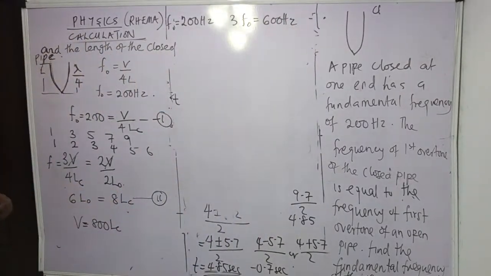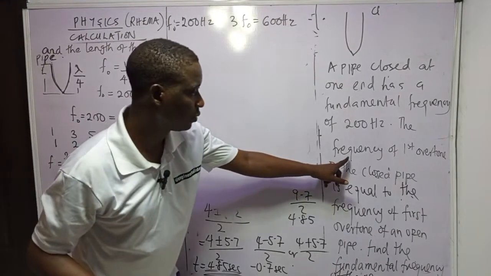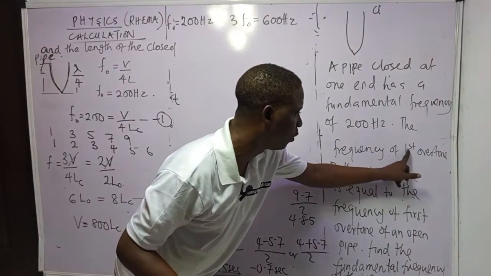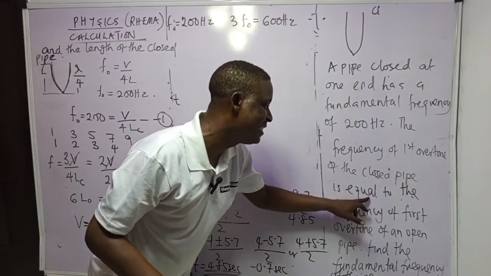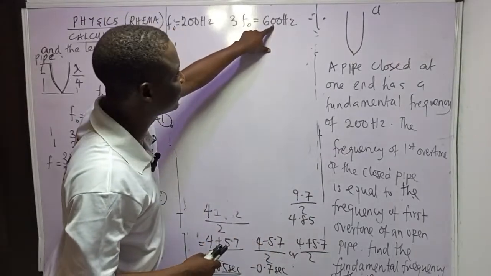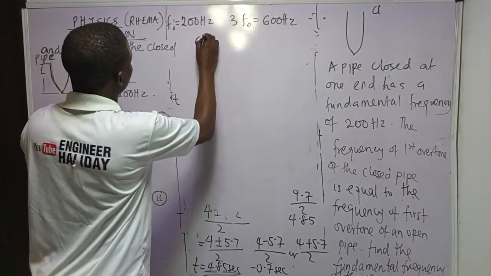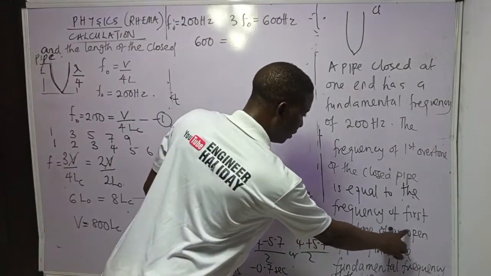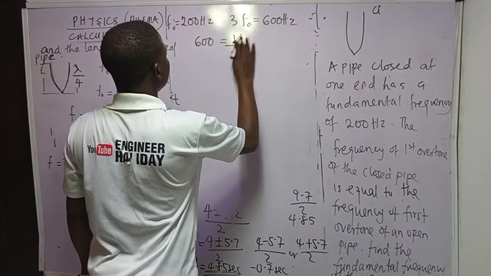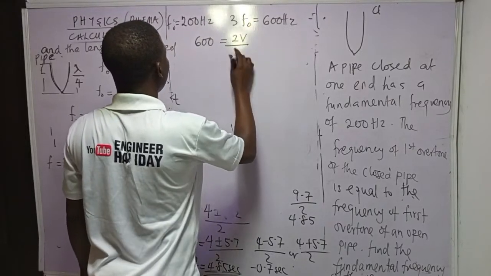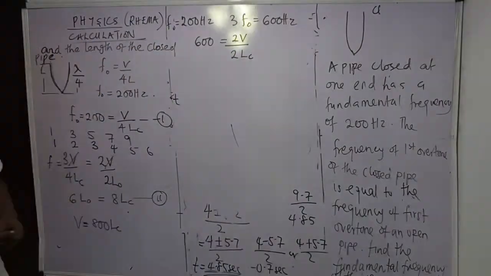That is the first overtone. That means the frequency of the first overtone of a closed pipe is 600, which is equal to 3V over 4LC. That is it now.